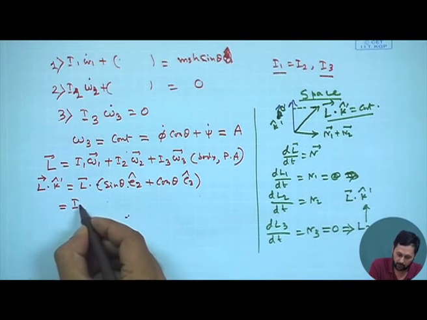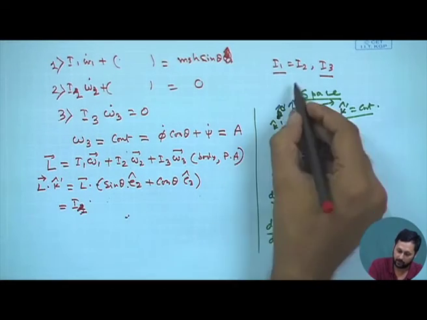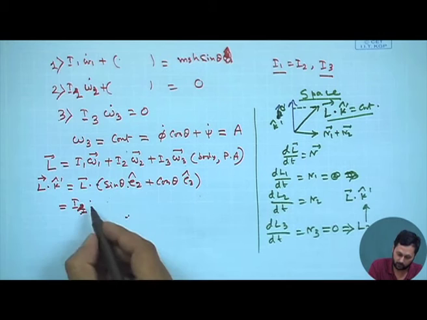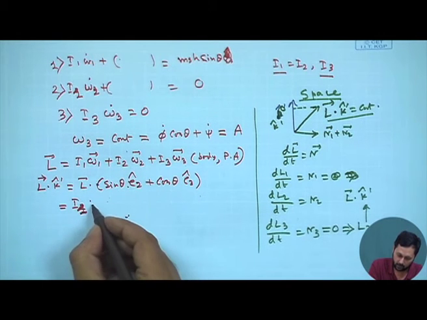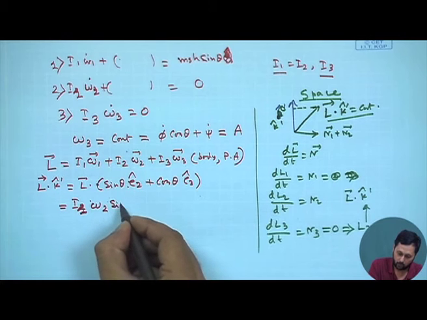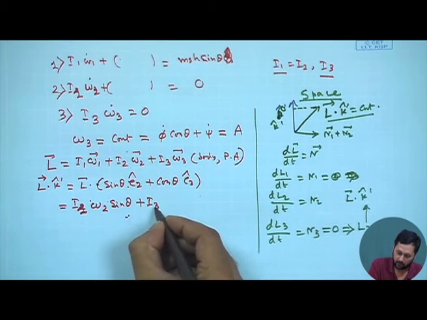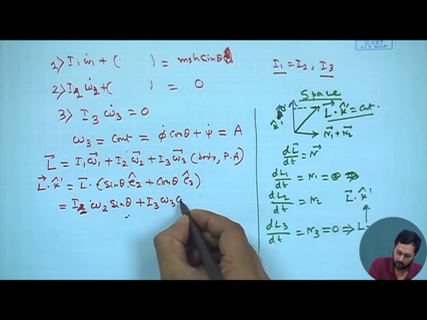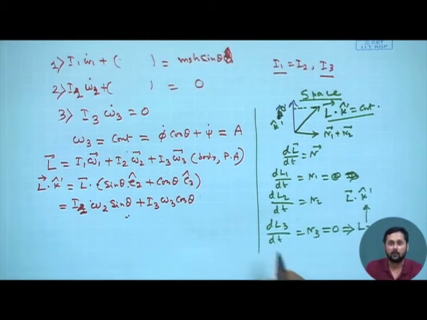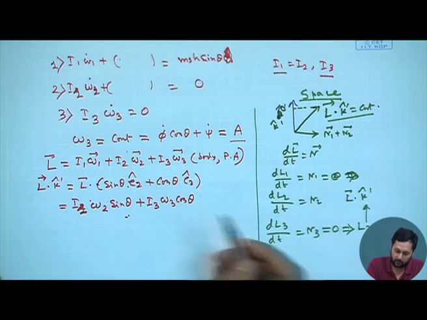So, it will be I2, or I will write I1 because we are writing I1 and I3 only. So, it will be I1 omega 2 sin theta plus I3 omega 3 cos theta, and you recall that omega 3 is a constant which is A. Okay.